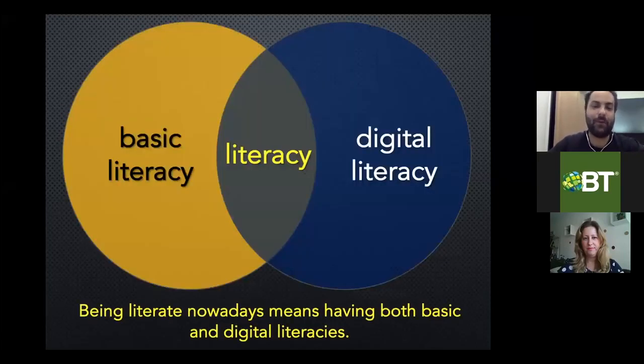So then when we talk about basic literacy and digital literacy together, we are talking about literacy. So what is the meaning of being literate nowadays? It's not just knowing how to read and write, but it means having both basic literacy, which is being able to perform the 3 R's, but also being digitally literate.